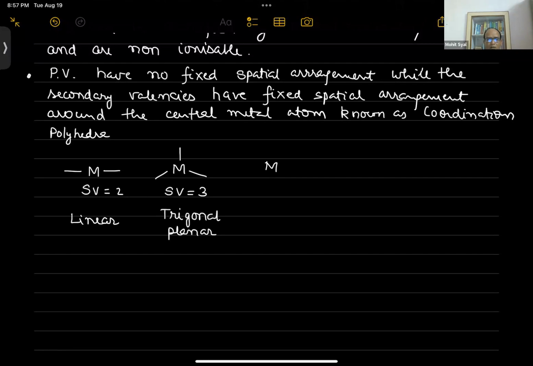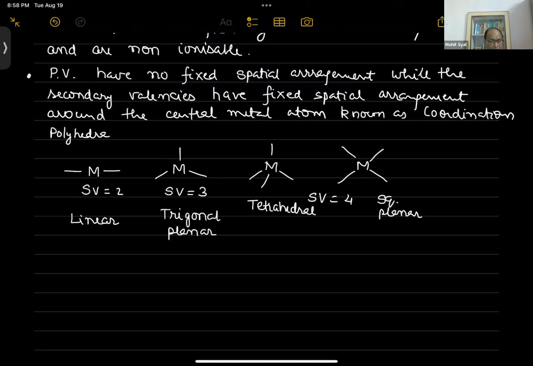And if the coordination polyhedra has 4 groups, the secondary valency is 4, it could be tetrahedral or square planar. Got it?